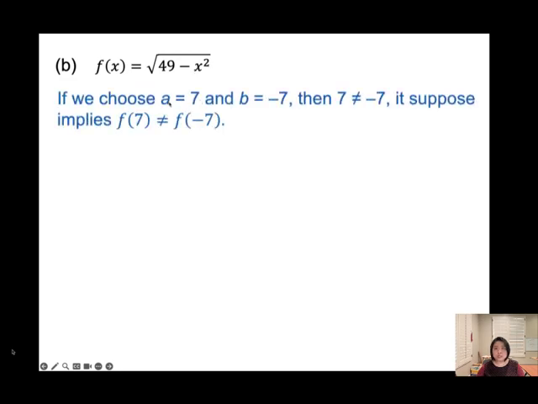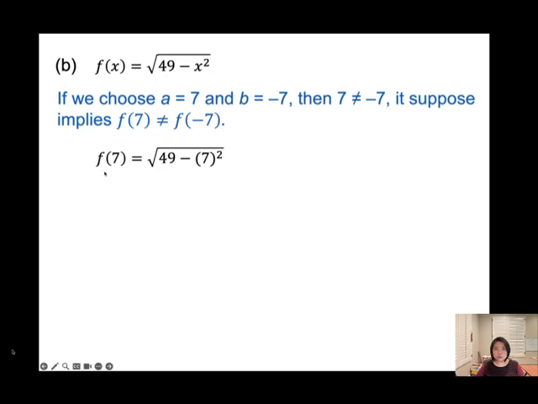So let a equal to 7 and b equal to -7. We already know a is not equal to b, right? One positive, one negative. So it's supposed to imply that f of 7 is not equal to f of -7.